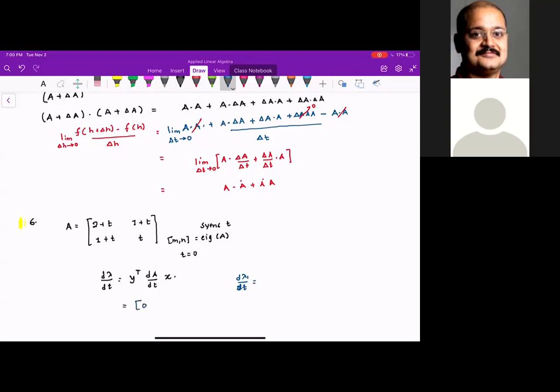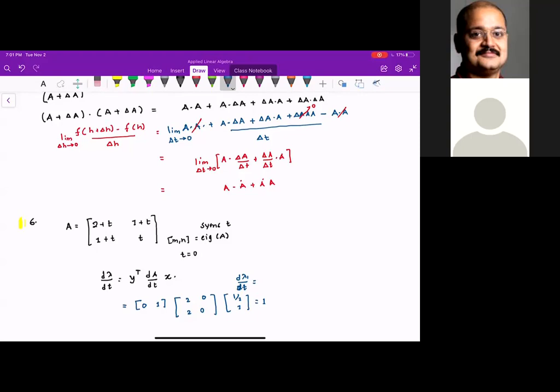My answer was 0, 1, 2, 0, 2, 0, 1/2, 1. So I was able to get the answer, but I would be happy to look at your answer and see if it's not matching.